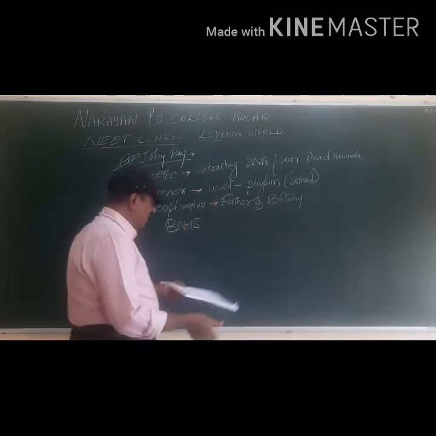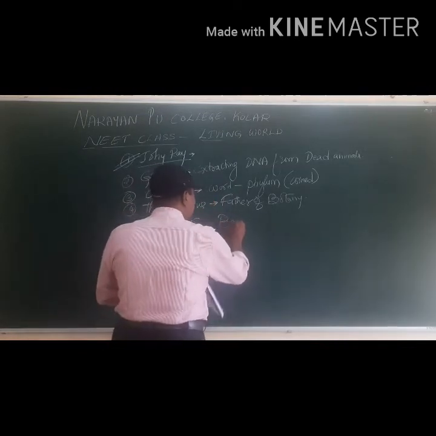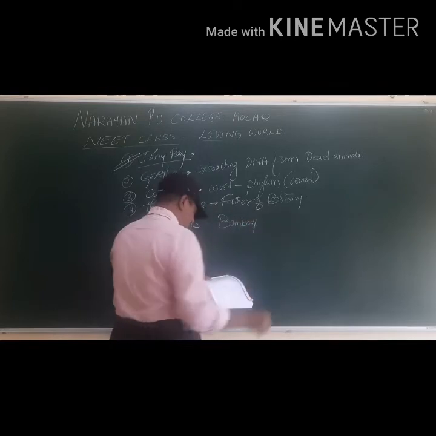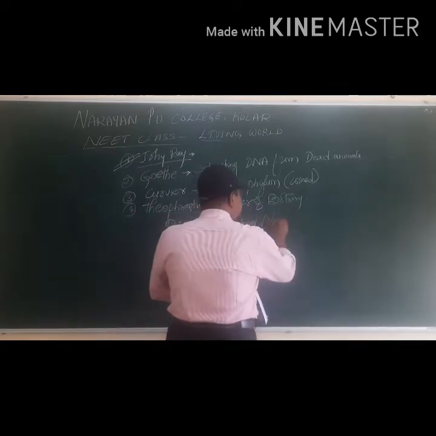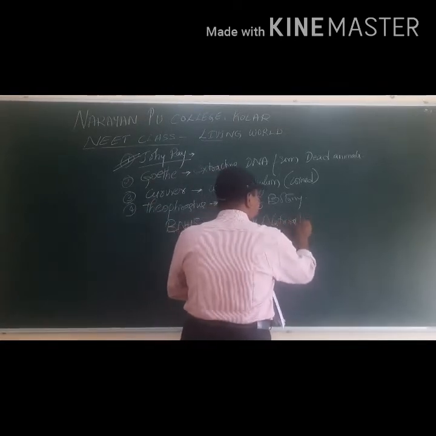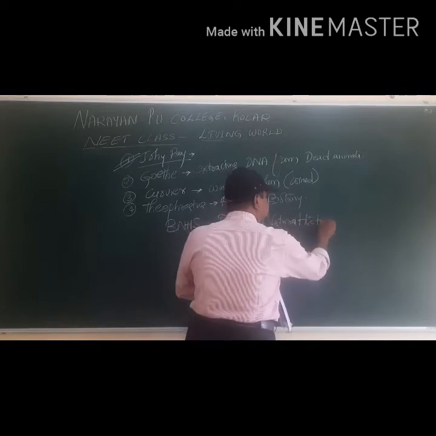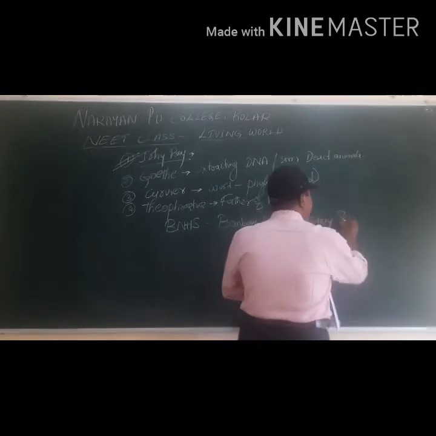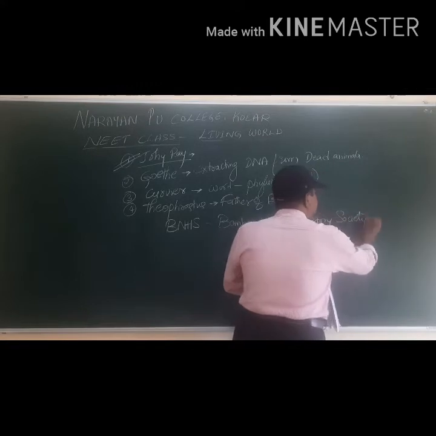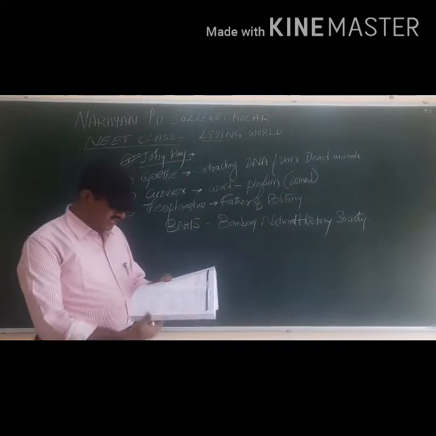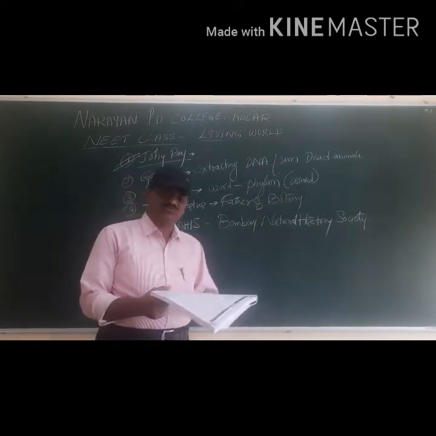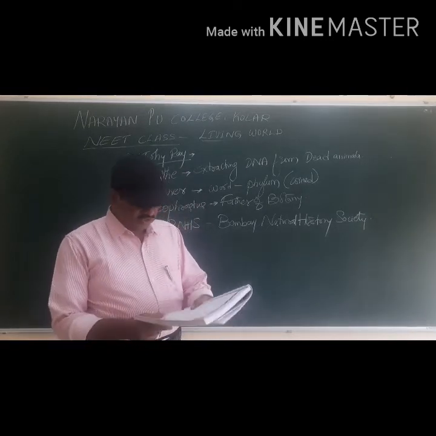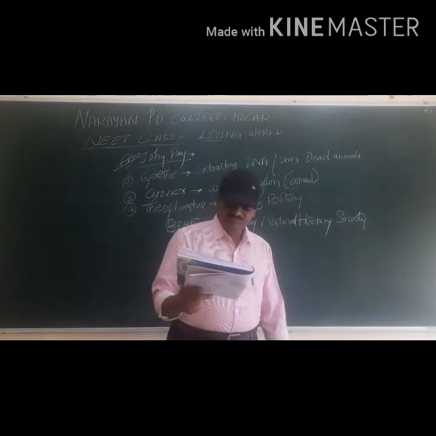But here the right one is Bombay Natural History Society. So this is the right abbreviation, and the second option is right. We'll go for the next question.